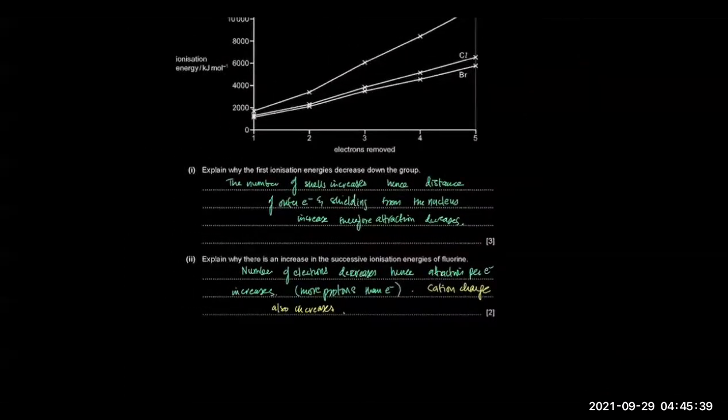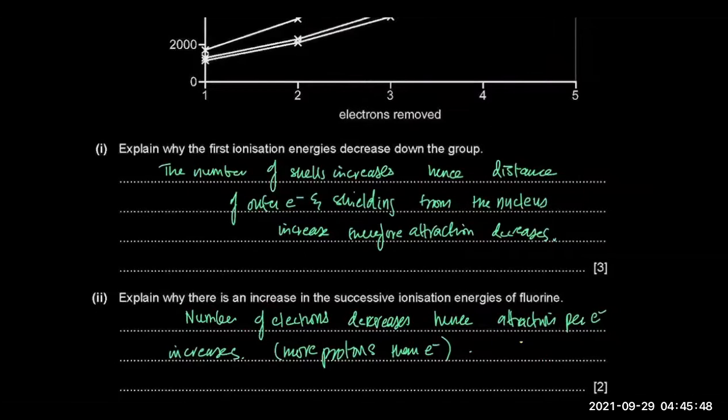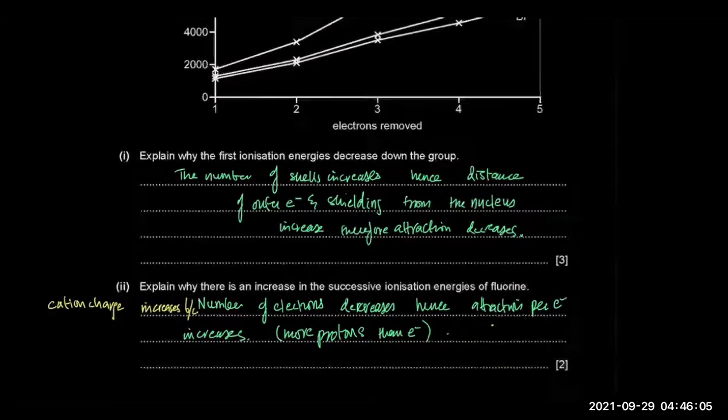This should come first. I'll write it down here. Cation charge increases and number of electrons decreases, because the number of electrons decreases, its attraction per electron increases.